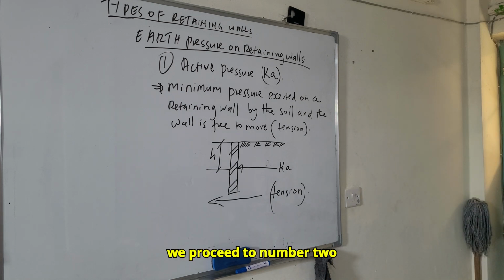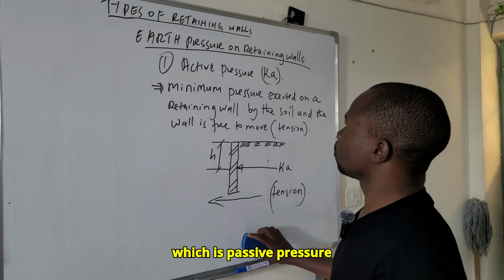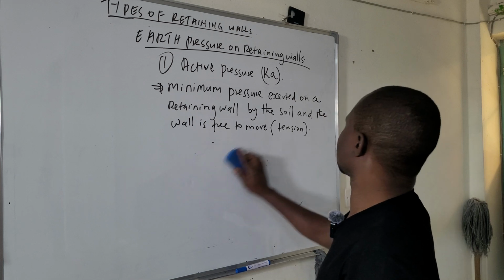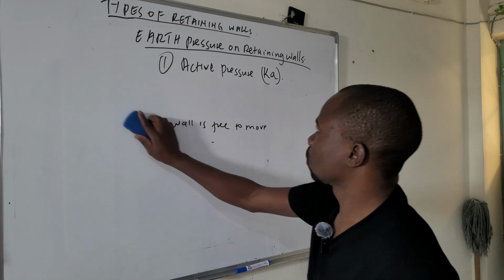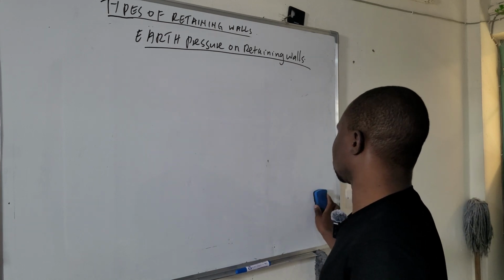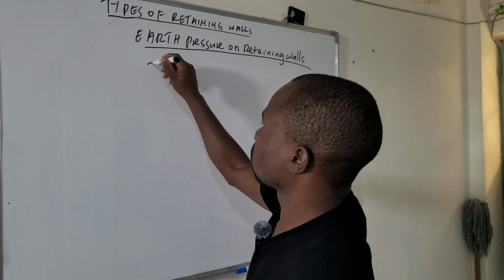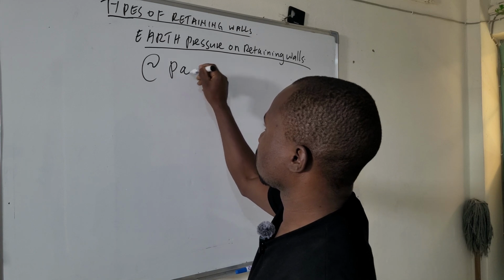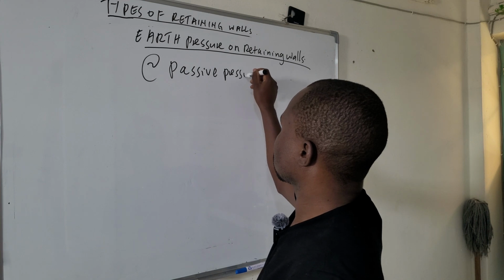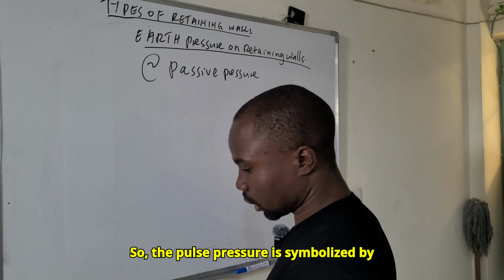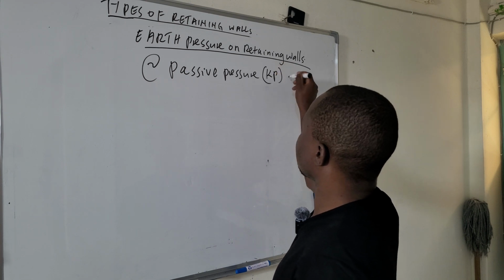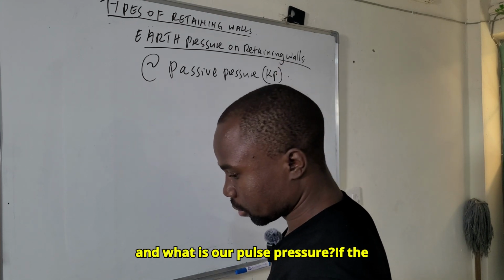We proceed to number 2, which is passive pressure. So the passive pressure is symbolized by Kp. And what is our passive pressure?